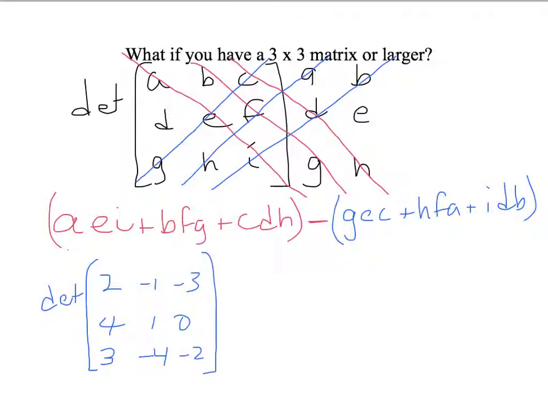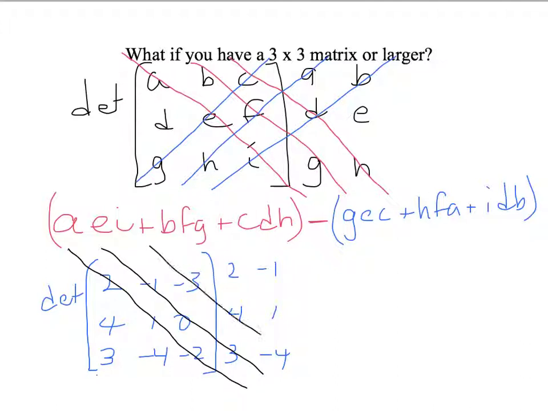And the first thing I want to do is repeat the first two columns right next to the third column. So 2, -1, 4, 1, 3, -4. Okay, let's find the product of these three diagonals and add them together. And check my math. So let's see here.